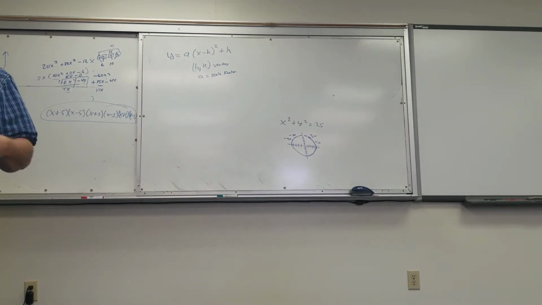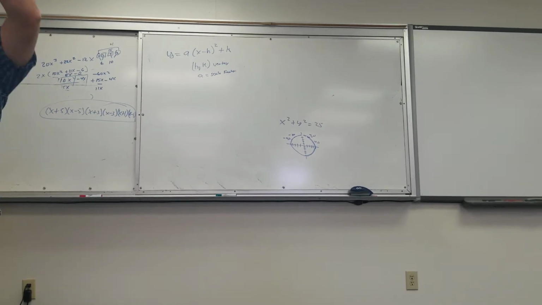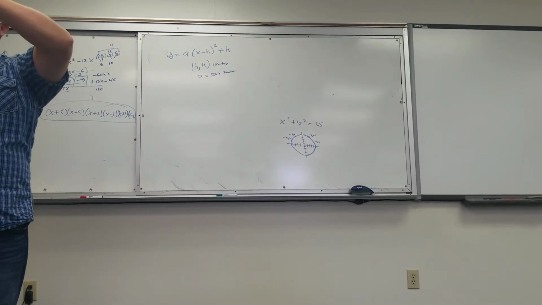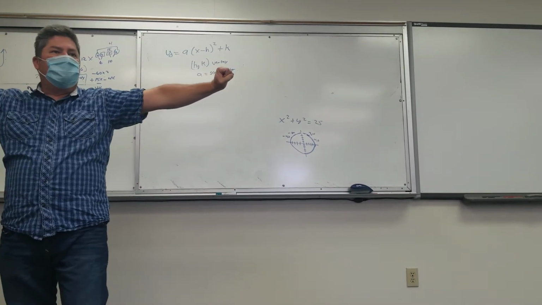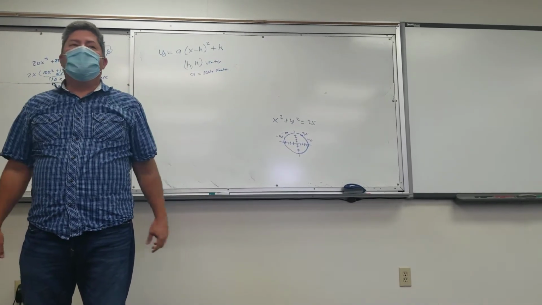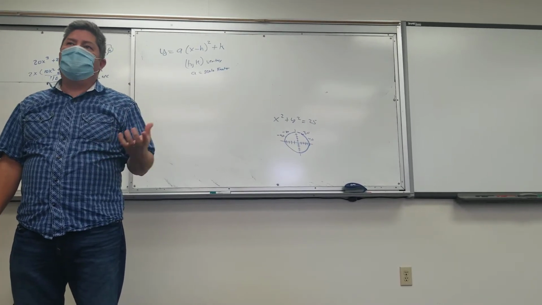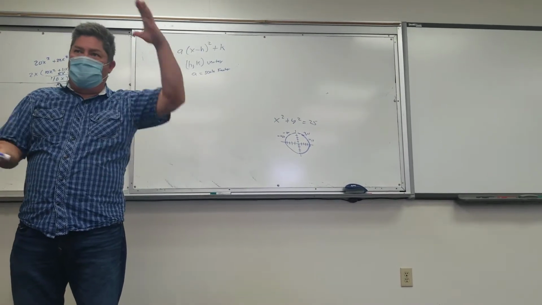If it's like 1/25th or 1/9 or something, what will happen? It will be a vertical what? Shrink. It's going to widen up, right? If the absolute value of A is between 0 and 1, then it's going to be a vertical shrink.